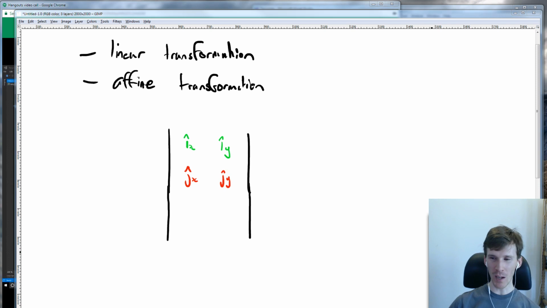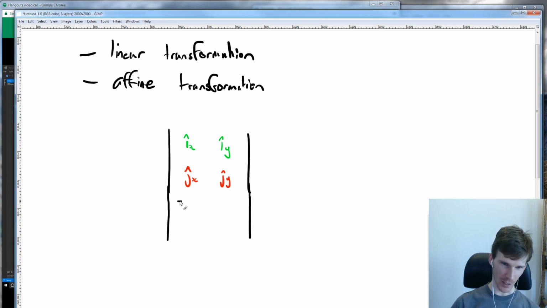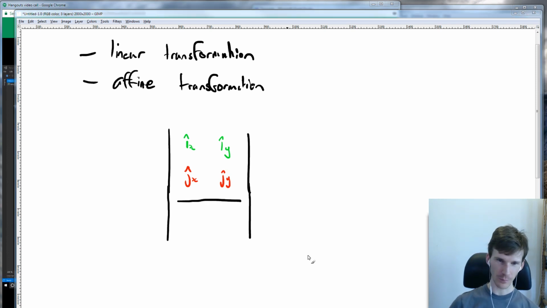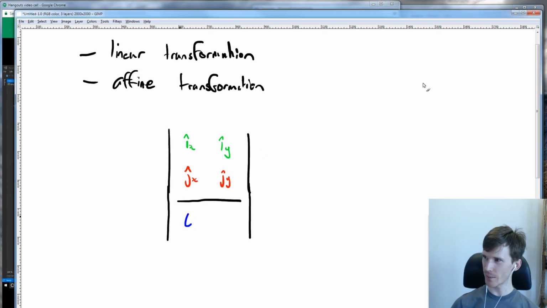Anyway, so one way to think about it is we're going to augment our matrix, and we're going to add. I'll have a quick scan through the Wikipedia page and see if they use a common term. No, they don't.